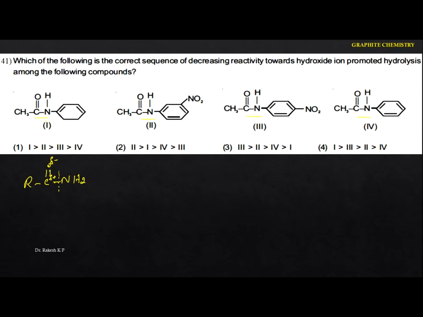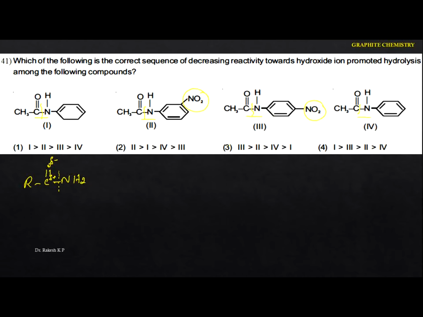That means in all cases we have to cleave at the carbon to nitrogen bond. You just identify the particular group here. Especially in this case, this is a nitro group. We know that the nitro group is a strong electron withdrawing group. But meta is not the right position to withdraw the electrons, only the ortho and the para. So when you have the withdrawing group, the cleavage of the carbon to nitrogen becomes easy.